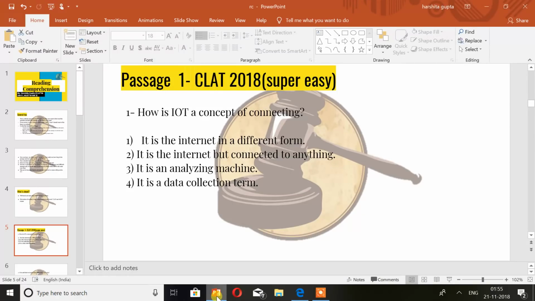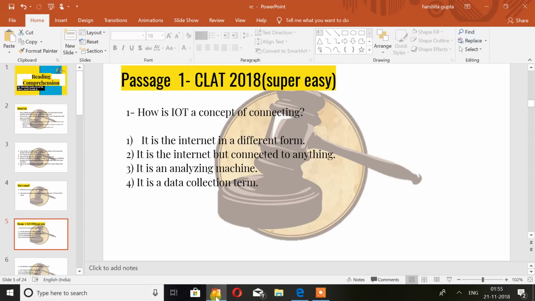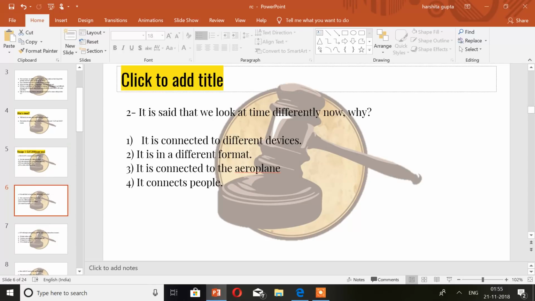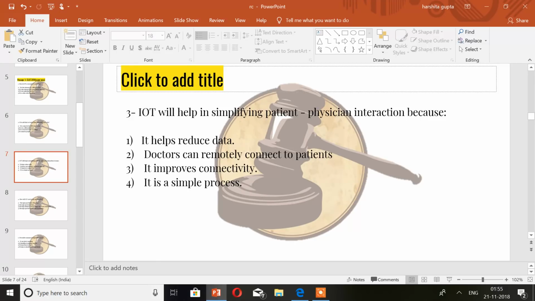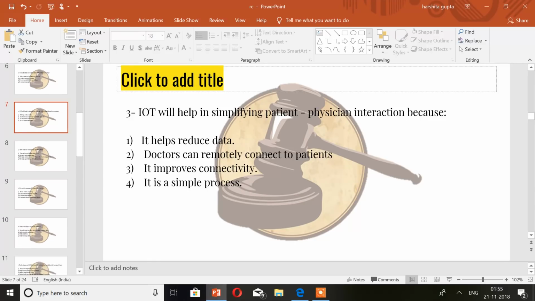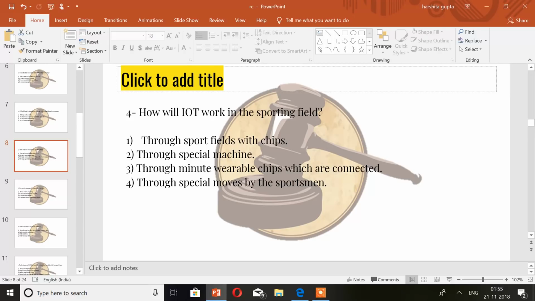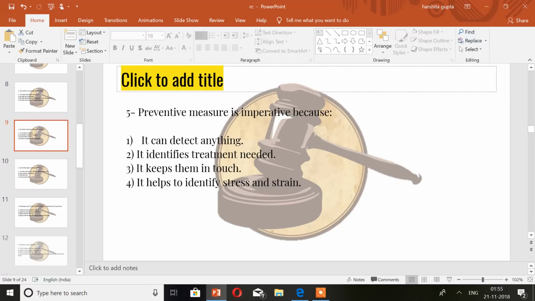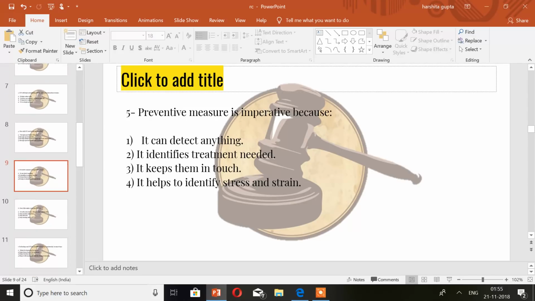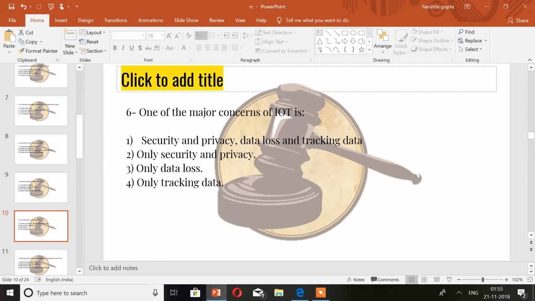So the very first question is, how is Internet of Things a concept of connecting? Okay, just quickly we'll skim through. It is said we look at time differently now. Why? Okay, the patient-physician relationship. Just focus on keywords. Sporting field. Preventive measures. Then major concerns.